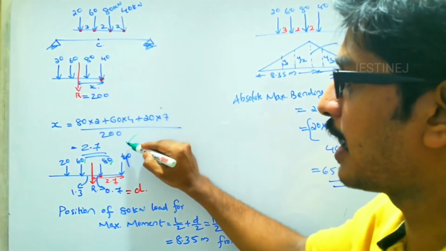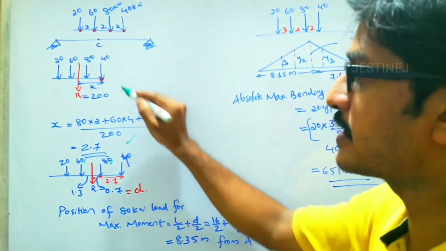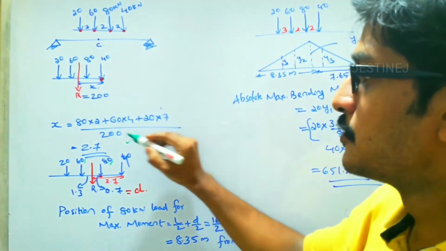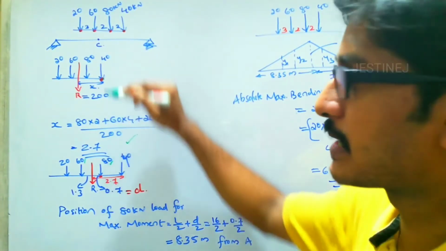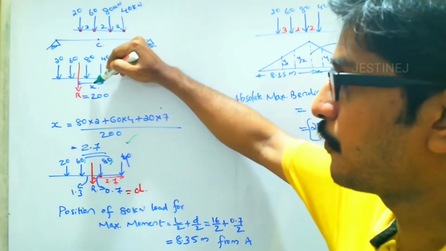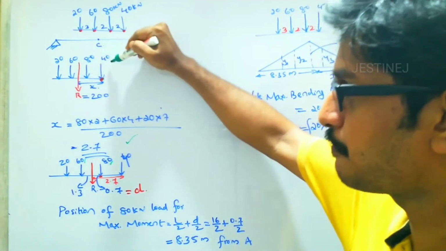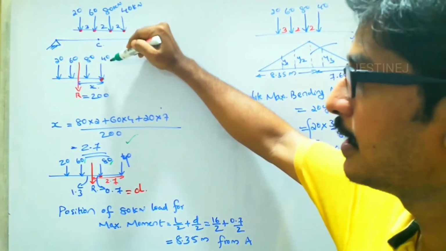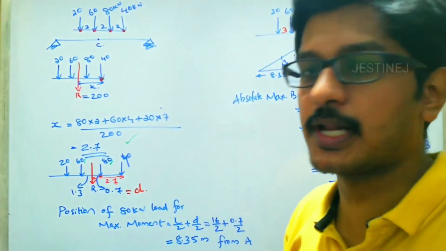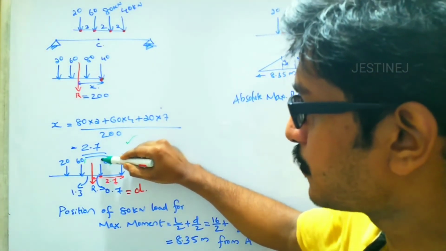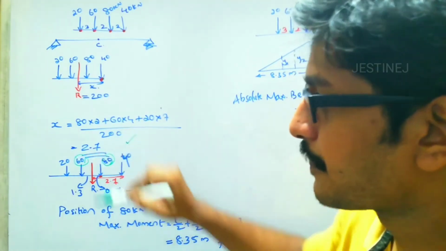So you will get the value as 2.7. You are just taking the moment about this point. The resultant is acting at a distance of 2.7 from the 40 kilonewton load. After that, you have to analyze the loads. It is nearer to the 80 and the 60.